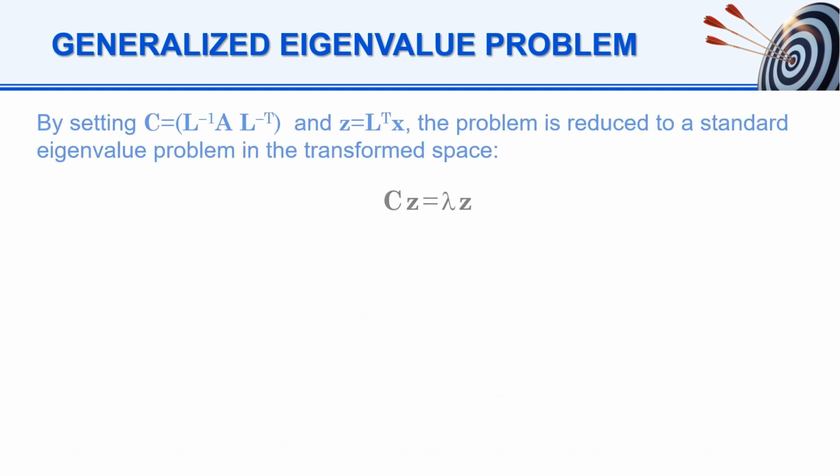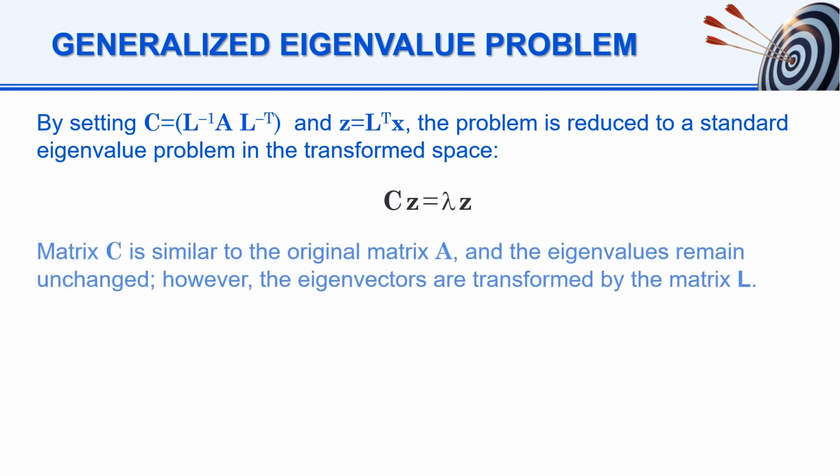By setting C equal to the triple matrix product, inverse L, A, transpose of inverse L, and Z equals transpose L times X, the problem is reduced to a standard eigenvalue problem in the transformed space, where the matrix C is similar to the original matrix A, and the eigenvalues remain unchanged.